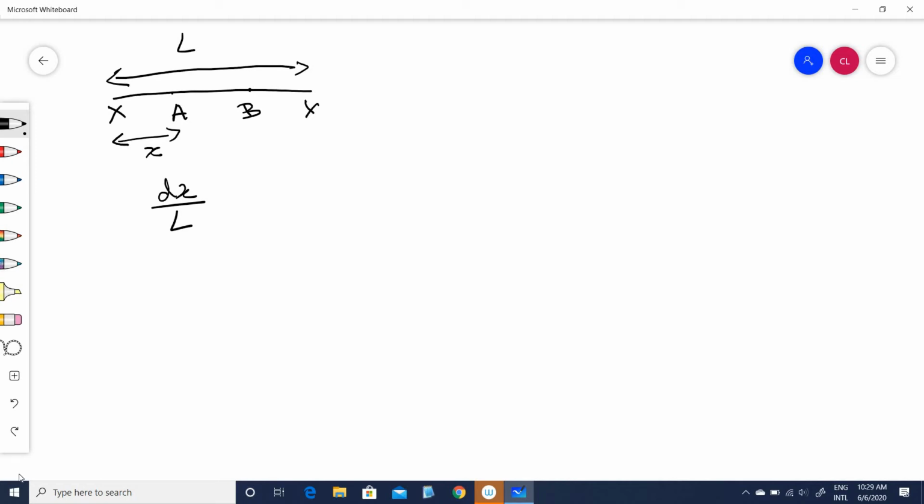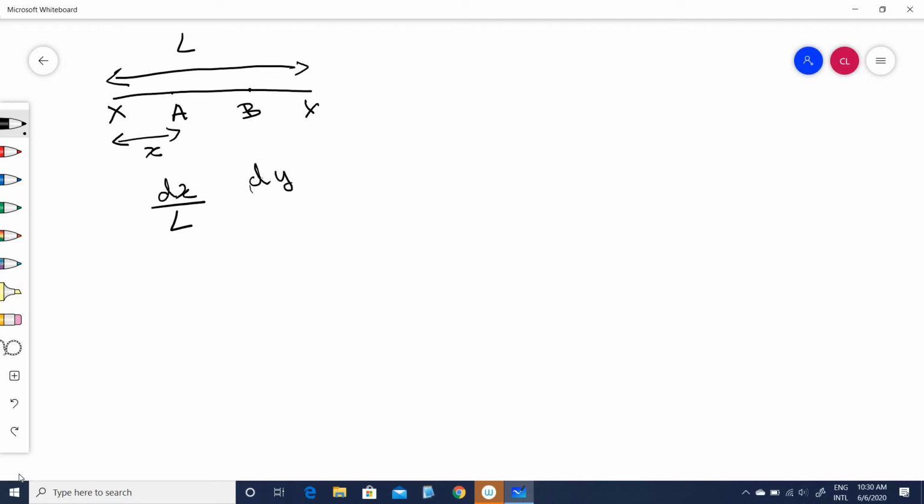Now given that XA is of length x, what about AB? AB is another segment which can take on a value anywhere from 0 to L minus x. Again it can be uniform. Let's say it has a length between y and y plus dy.